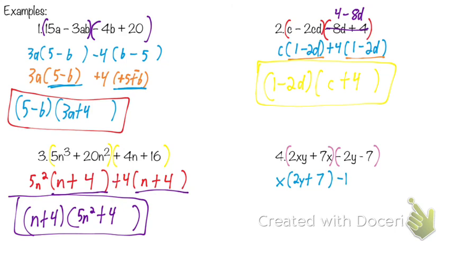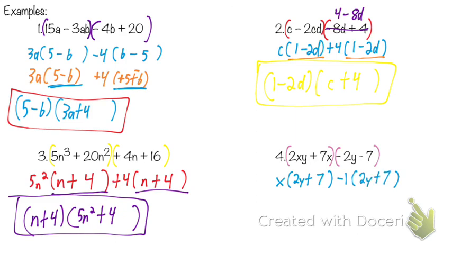Now, why did I make it a negative? Because it starts with a negative. And do we want it to start with a negative? No. And so the only thing they have in common is 1, because is 1 a factor of 2 and 7? Well, sure, 1's a factor of literally everything. So we can always put a 1 there. And so what's left inside the parenthesis if we just take out a negative 1? 2y plus 7. Very good.